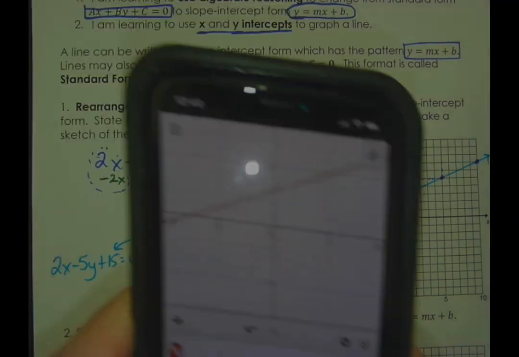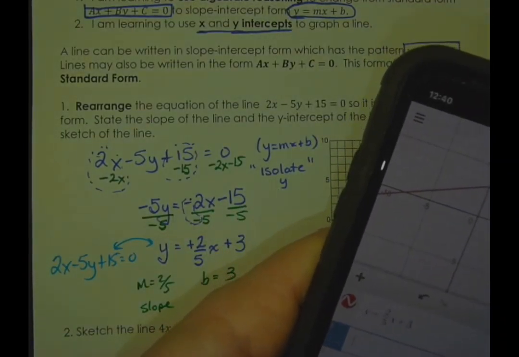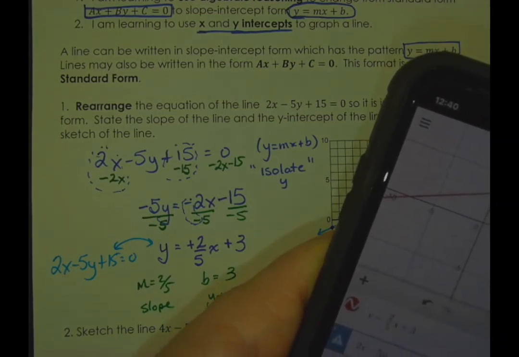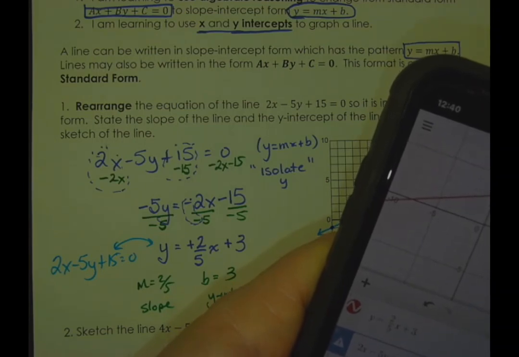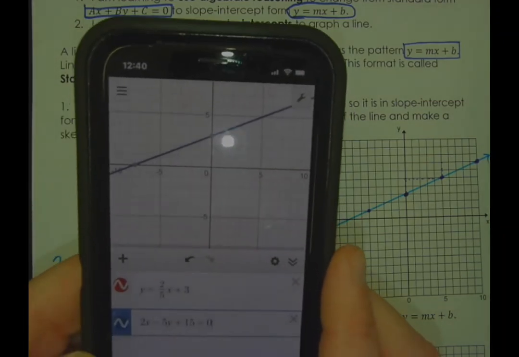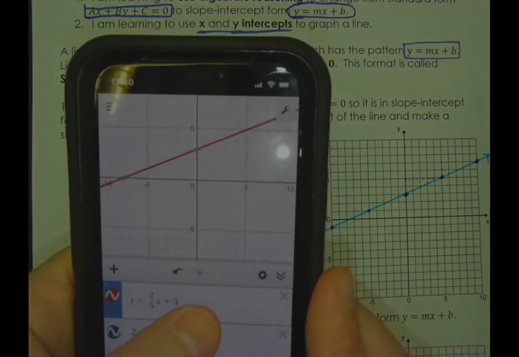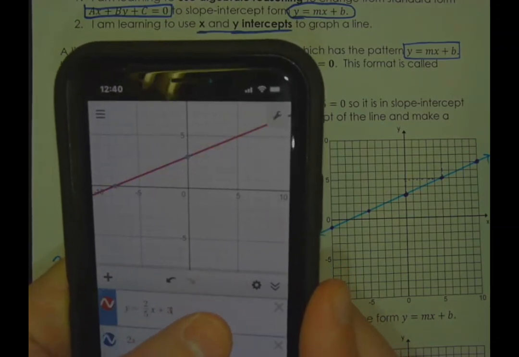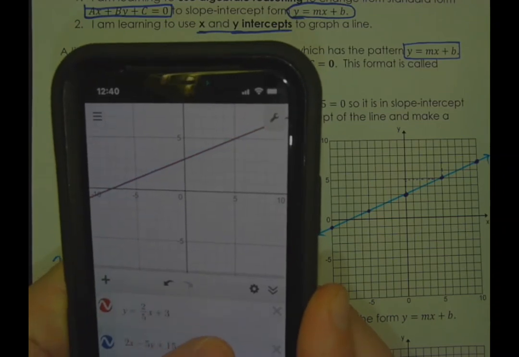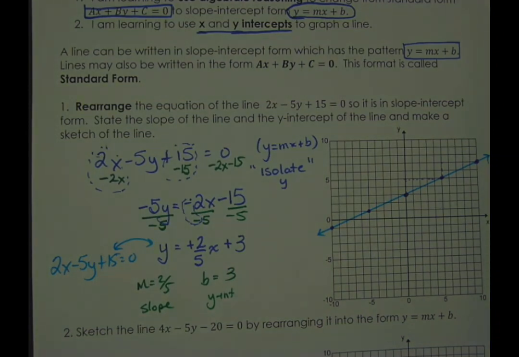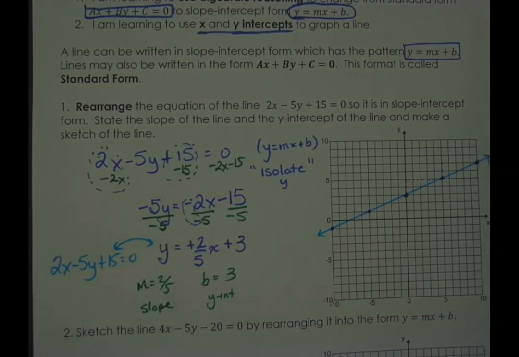I can type in 2x - 5y + 15 = 0. And you'll see there that you can see how it's changing colors because they are exactly on the same line. Blue, red, they're the exact same line. So these equations are equivalent. And we isolate y using our algebra skills moving forward.